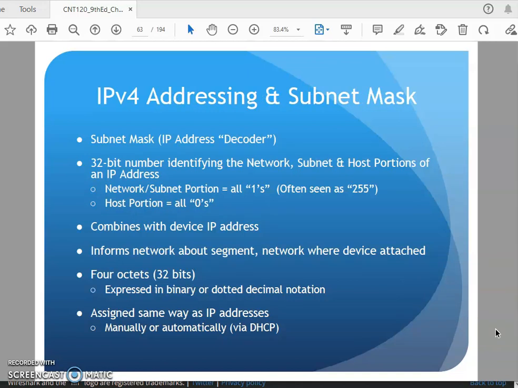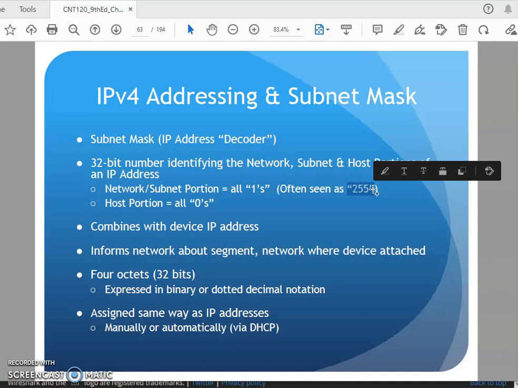Now, the second piece of this is our subnet mask. Our subnet mask, as we said before, kind of decodes for us which part of the address is network, which part is host. So when I look at the subnet mask, the network or subnet piece is going to be represented as all binary ones. We often see 255 because 255 is actually 8 ones.